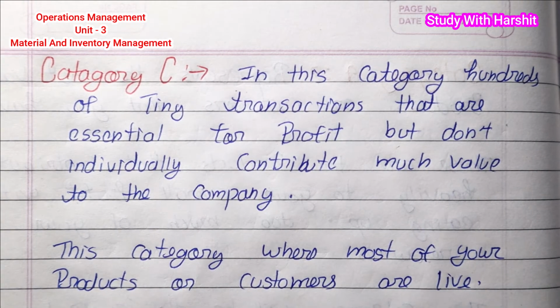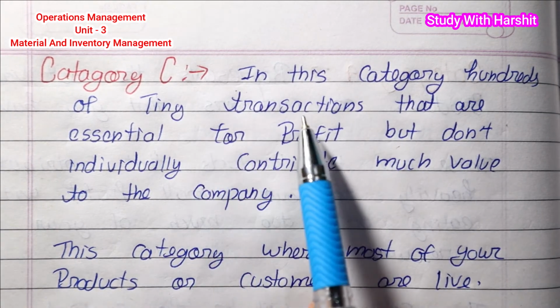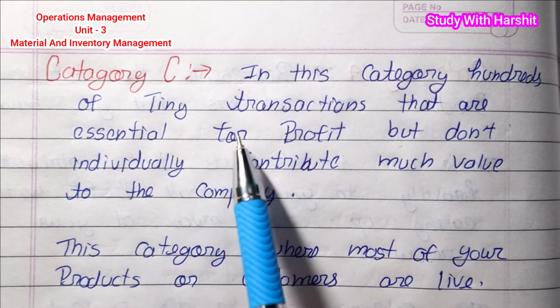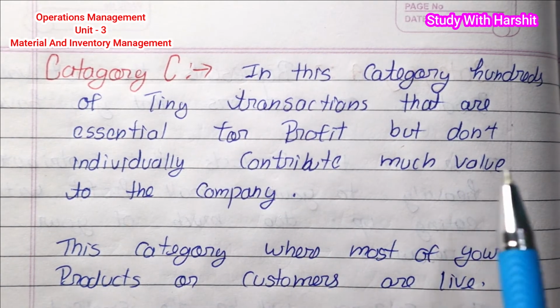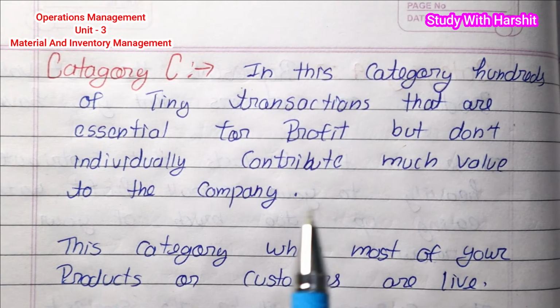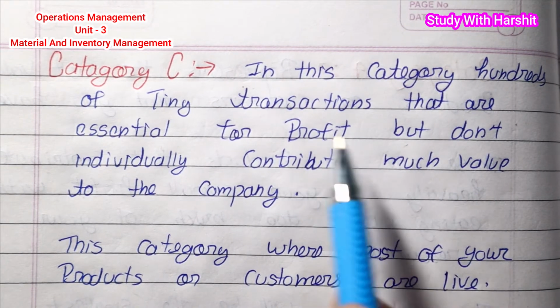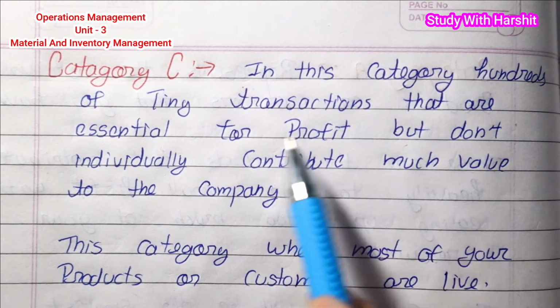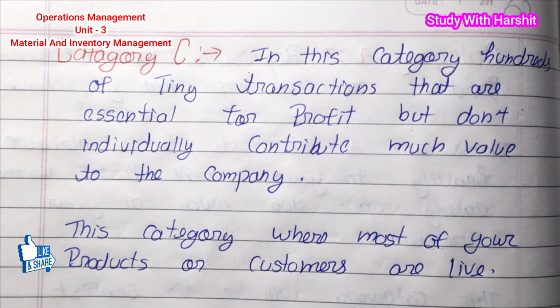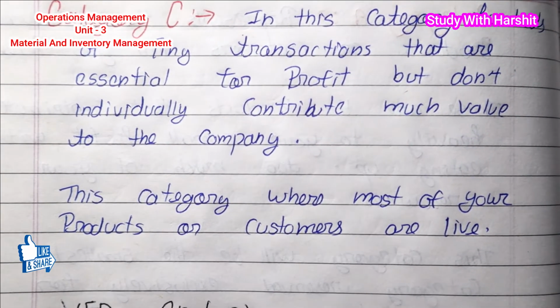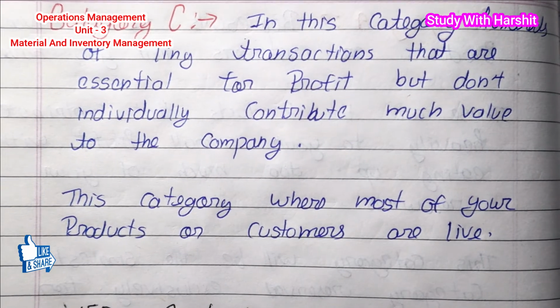Category C: in this category, hundreds of tiny transactions are essentially for profit but do not individually contribute much value to the company. This is the category where most of your products or customers live.